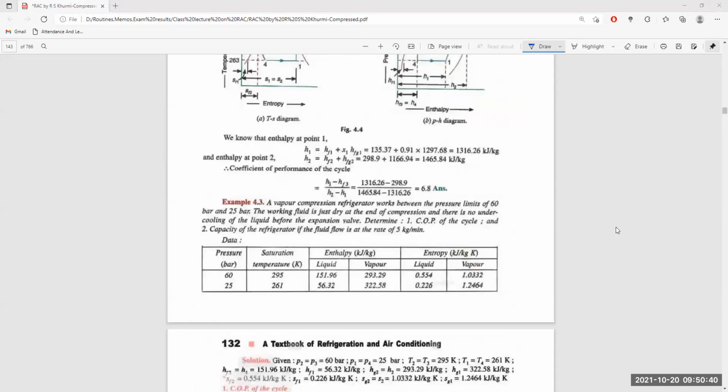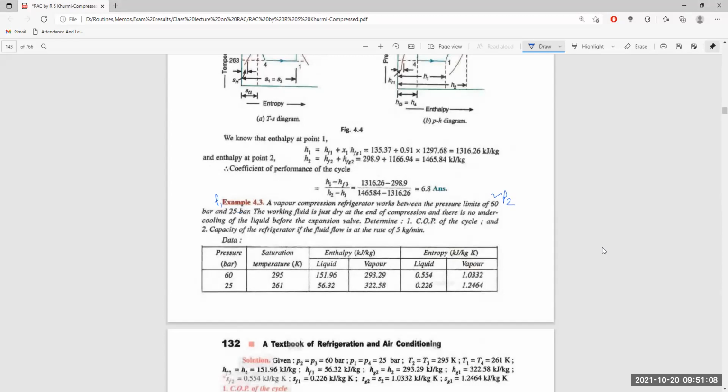Here, a vapor compression refrigeration system works within the pressure limits of 60 bar, that is P2, and 25 bar, that is P1 itself. The working fluid is just dry at the end of compression, and there is no undercooling of the liquid before the expansion valve itself.